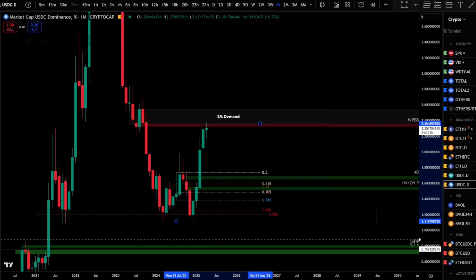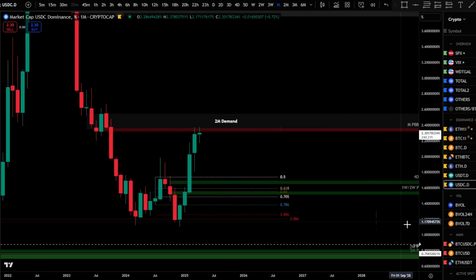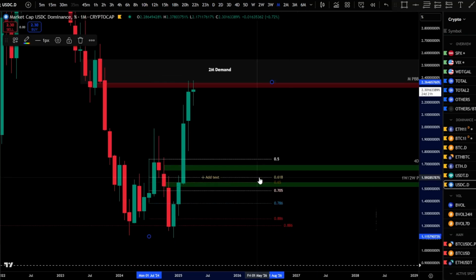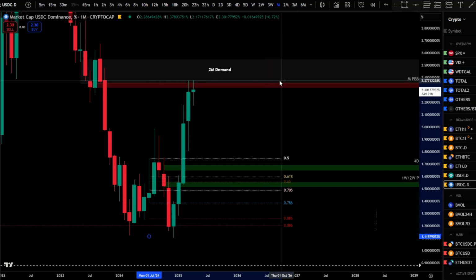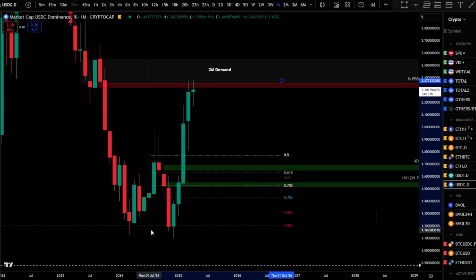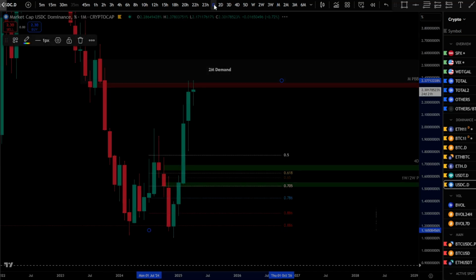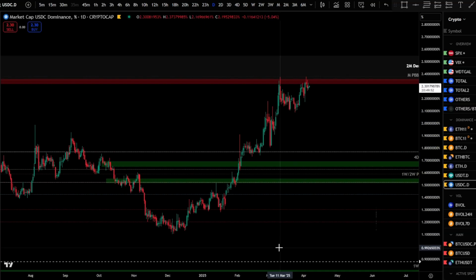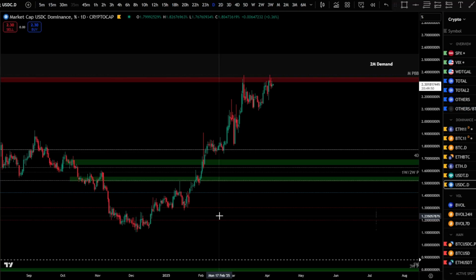Okay, let's see the most important ones. I mean, yeah, we have here potentially something I prefer to go on lower time frame to actually see. But yeah, the fib is not really the best.